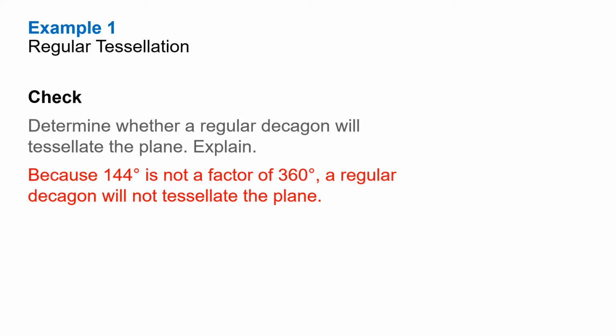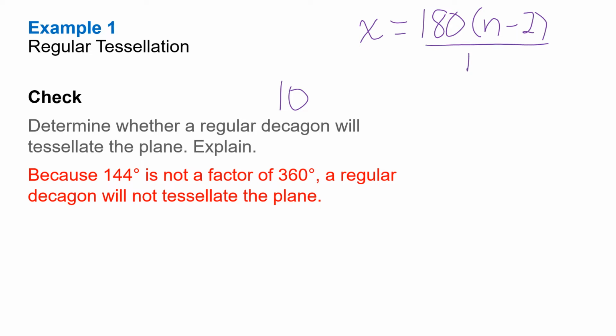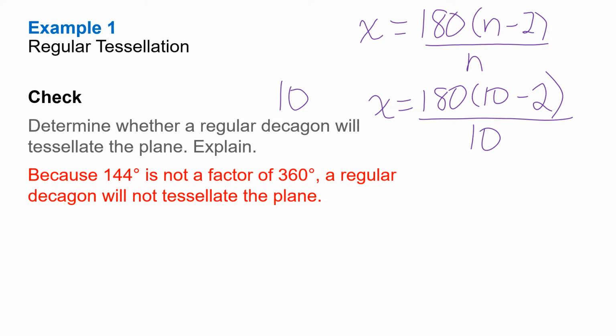So a regular decagon has 10 sides. So in order to figure this out, we're going to substitute 10 in for n in our equation, 180 times n minus 2 divided by n. So x is equal to 180 times 10 minus 2 divided by 10.